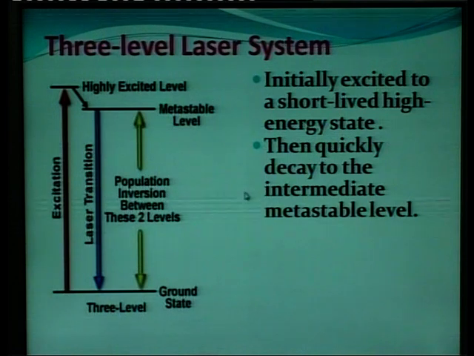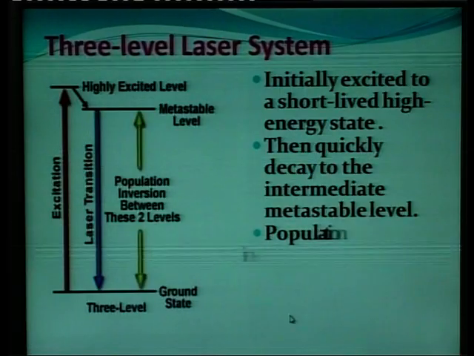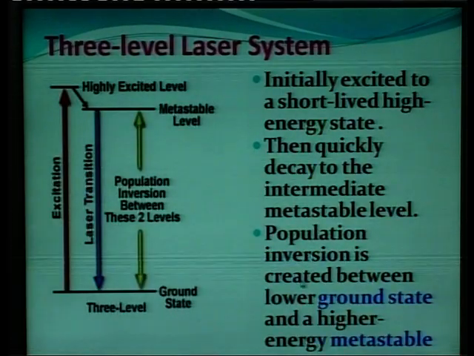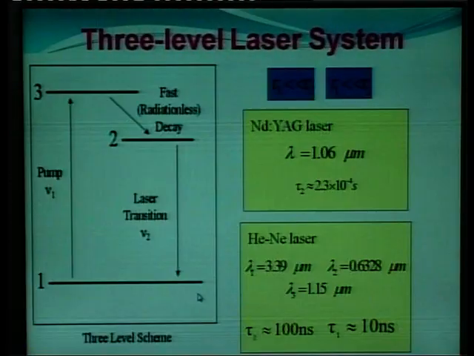That means the laser produced is between these 2 energy levels. Initially excited to a short-lived high energy state, then quickly decay to the intermediate metastable state. Population inversion is created between the lower ground state and the higher energy metastable state. So the laser is produced between these 2 energy levels. So this is how a 3-level laser works.